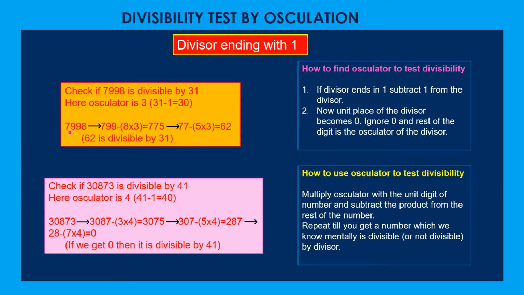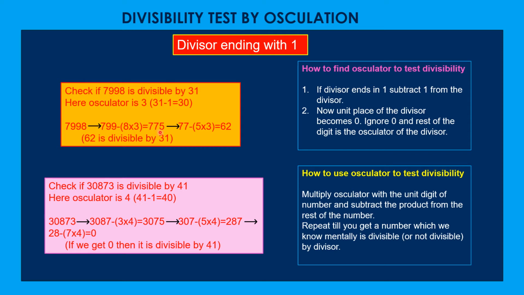So you see here, in 7998 your osculator is 3. So you multiply 3 with the unit digit 8. 8 times 3 is 24. Then you subtract 24 from the rest of the digits, that is 799. Then you get 775.